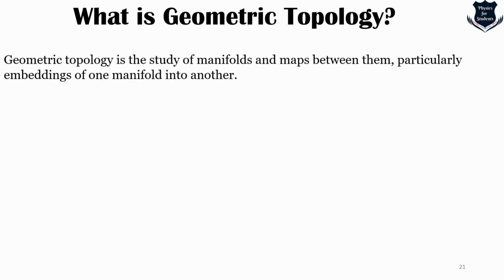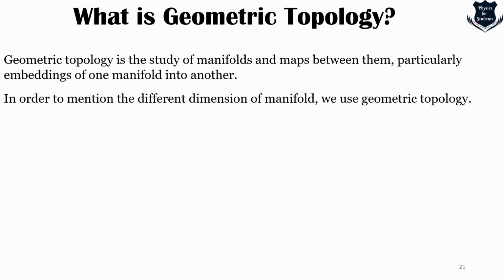Okay, so we come to another important aspect which is called geometric topology. Now, geometric topology is a study of manifolds and maps between them. When we take manifolds and study them further, it sometimes becomes very difficult to measure them.